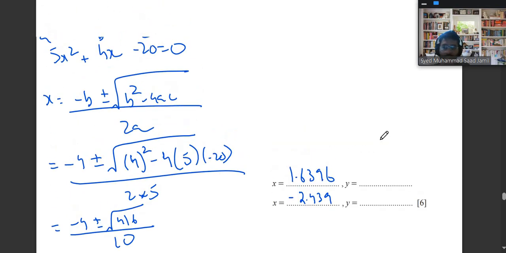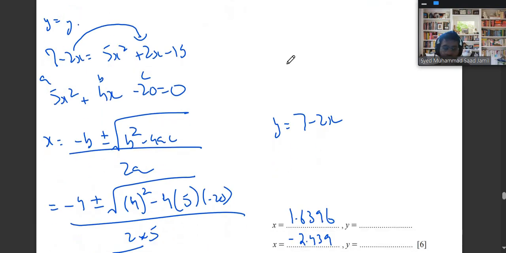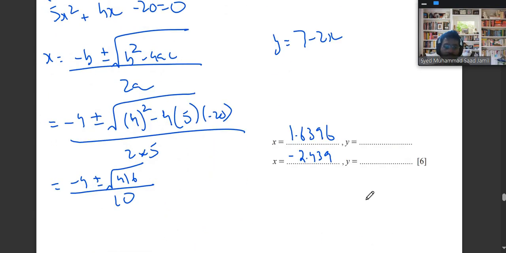Now since we have these values, we will plug them into the main equation, which is y equals 7 minus 2x. Okay, you can plug it into this equation as well, but why make your life difficult, man?